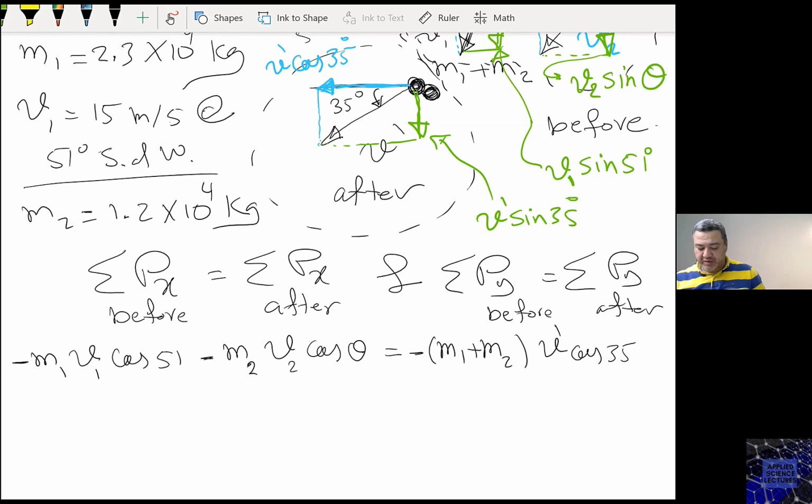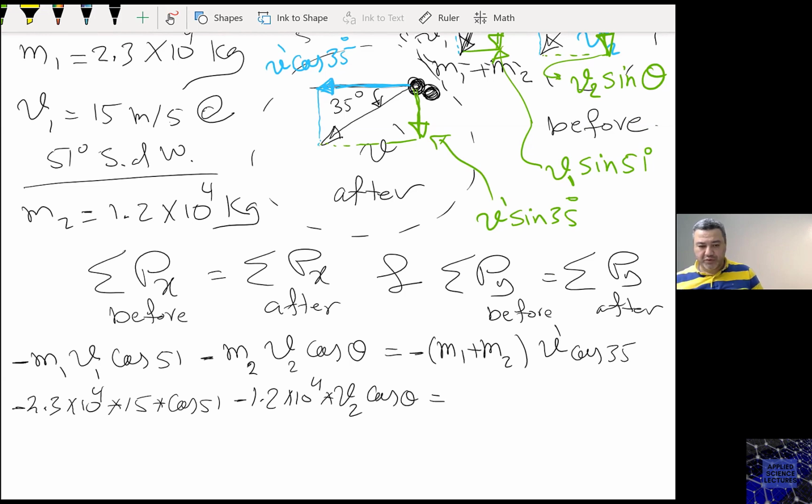Rearranging this equation, minus m1 is 2.3 × 10^4, v1 is 15 times cosine 51, minus m2, which is 1.2 × 10^4, times v2 cosine theta.